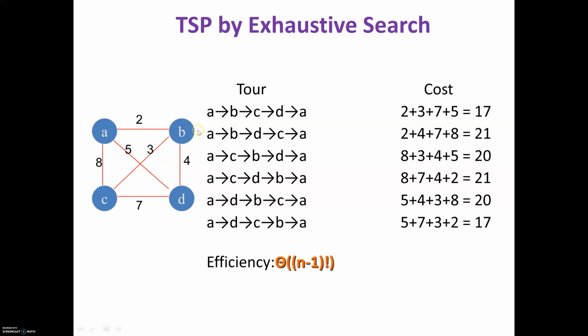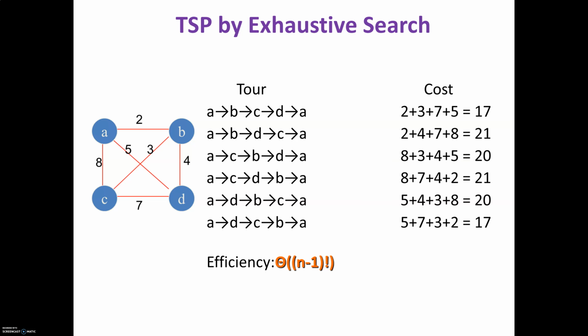So here 4 cities are there. Assume that the salesperson starts his tour from city A. He has to visit the remaining cities, that is B, C, D, exactly once, and come back to city A. So how many possibilities are possible for him?